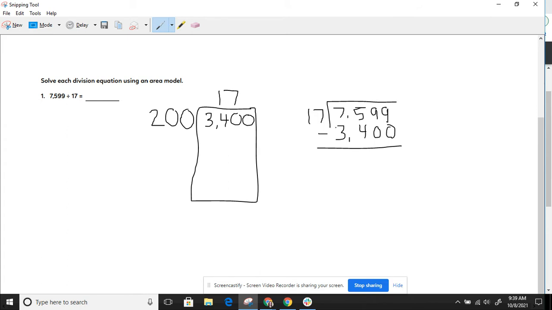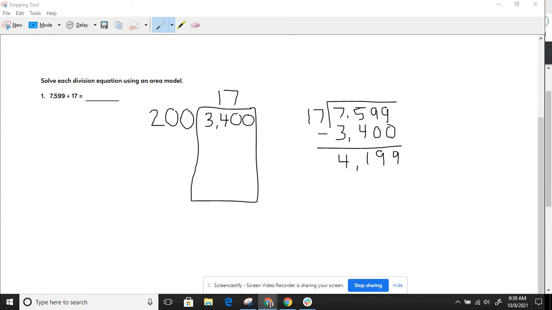Now I subtract. 9 minus 0 is 9. 9 minus 0 is 9. 5 minus 4 is 1. 7 minus 3 is 4. So I have 4,199.